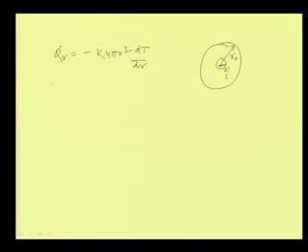Then finally, if we do the integration, Q dot r will be equal to T_i minus T_o by (1 by R_i minus 1 by R_o) divided by 4 pi k.